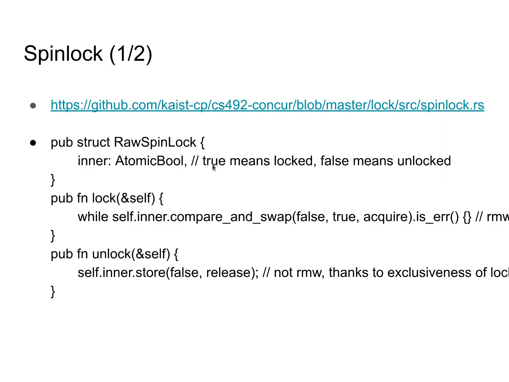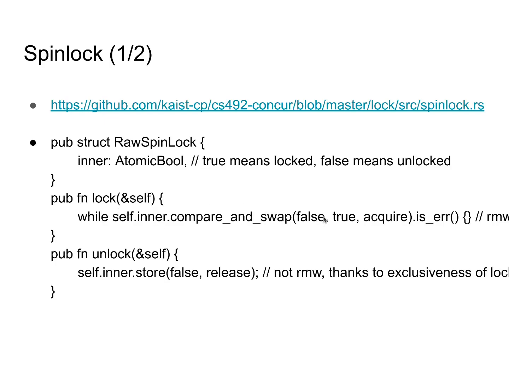That means the lock function should atomically replace the false value with the true value. That is the purpose of this compare and swap function, which atomically replaces the value from false to true.